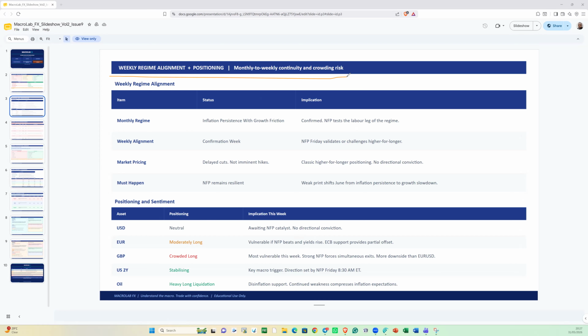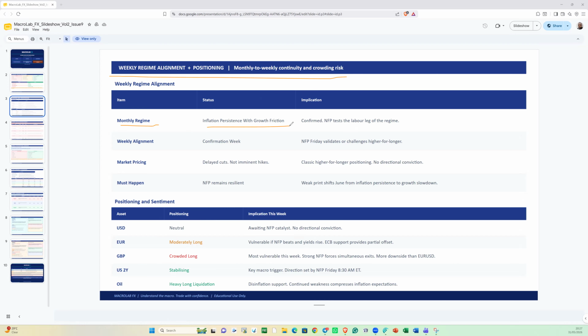First, the weekly regime alignment has to start from the monthly regime. So this is more like a top-down macro analysis, just the way you have a technical analysis, top-down analysis. So we need to see from the monthly regime, what are we seeing? Yes, clearly from the monthly regime, we have inflation persistent with growth friction.